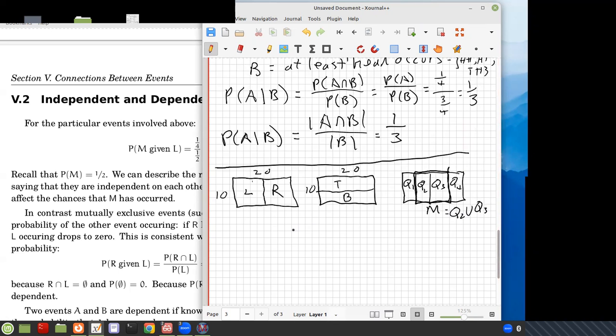Okay, and then lastly, and perhaps most importantly for understanding conditional probability, there was a diagonal. This was diagonal top, I think, and diagonal bottom.